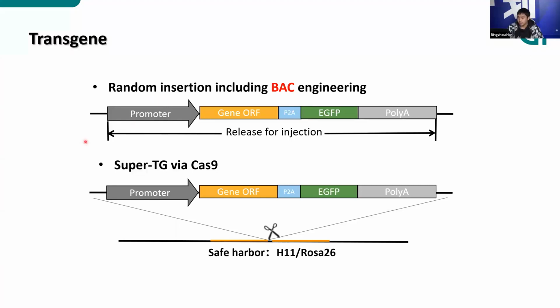However, in modern days, people increasingly prefer targeted transgene strategies via Cas9 or other endonucleases. We can just use homologous recombination to insert a construct, like overexpression or other functions, into a safe harbor in the mouse genome, like H11, ROSA26, or other newly developed sites like Tigre.